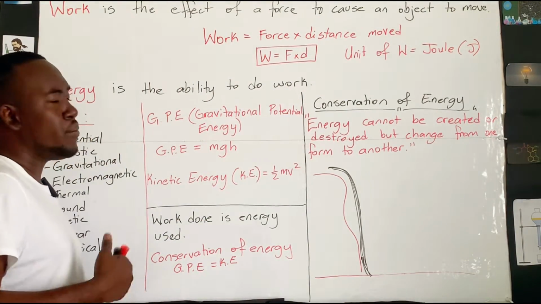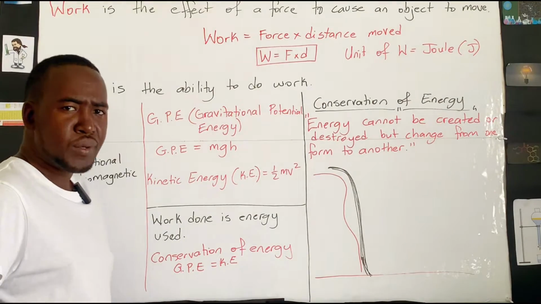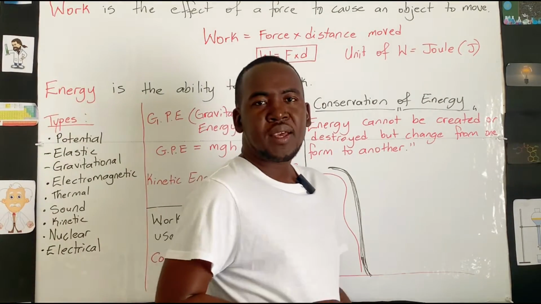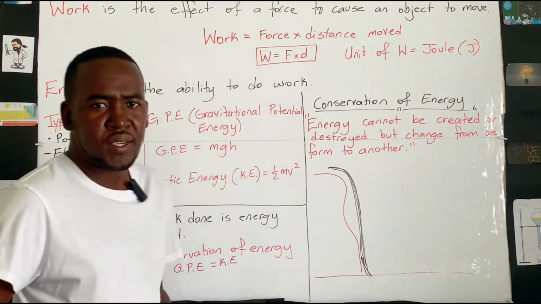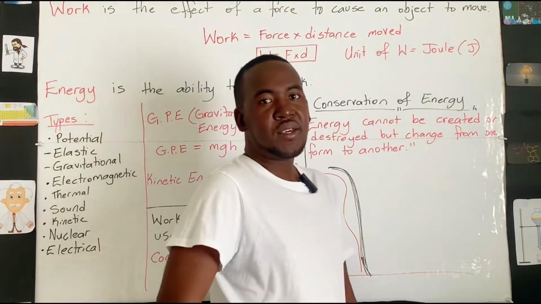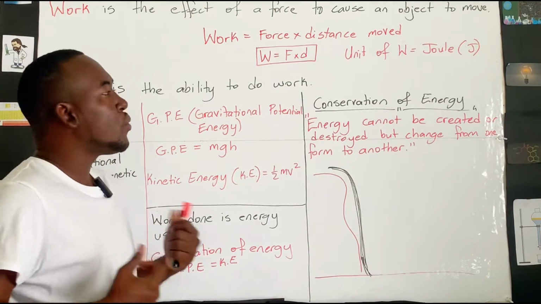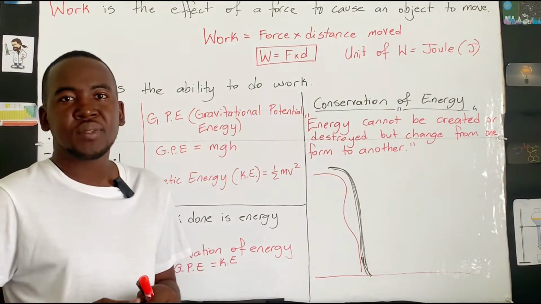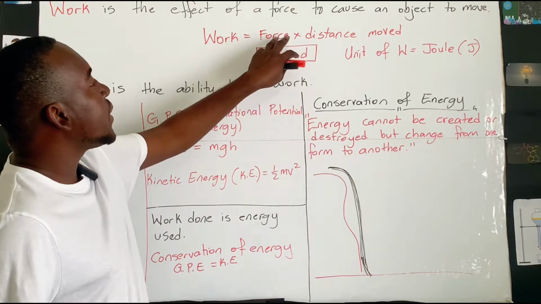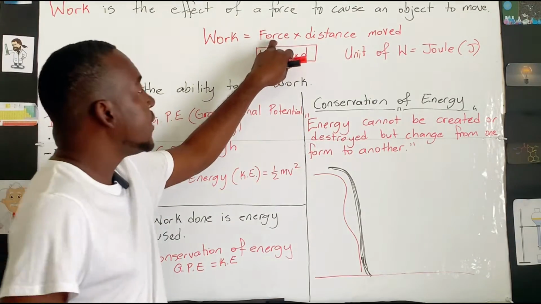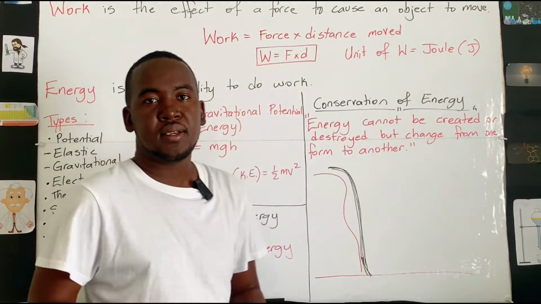And the amount of work is dependent on how much force we use to move, as well as how far we're moving. Are we just moving right here, or are we taking a run or walk down the road? So therefore, work is dependent on the force applied and how much distance is moved.